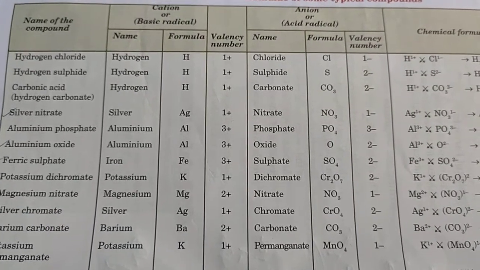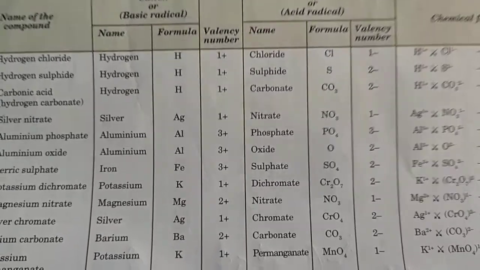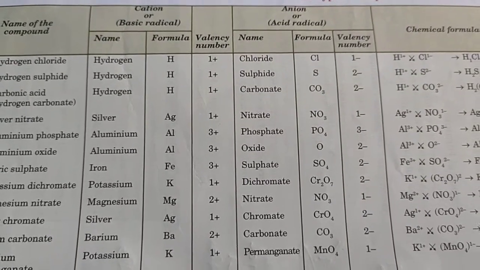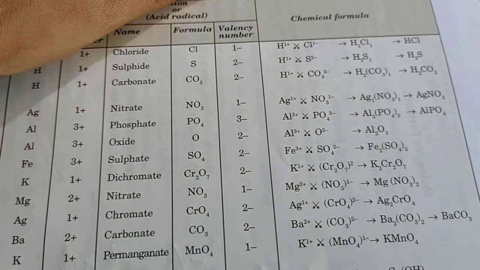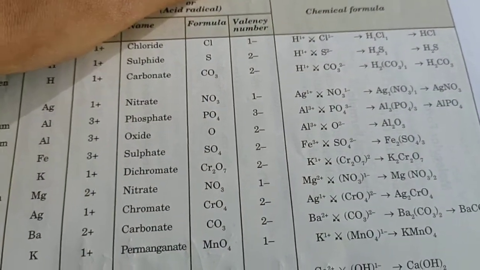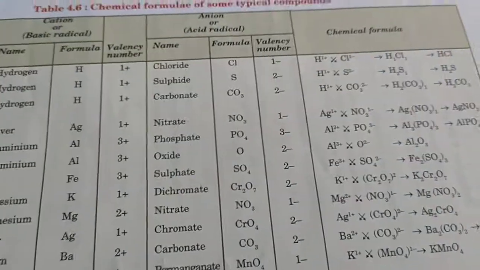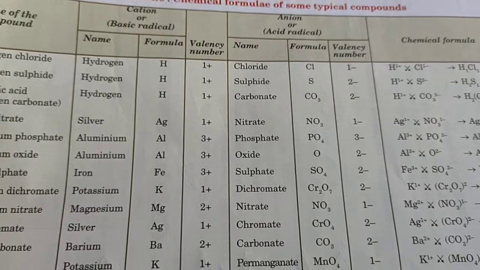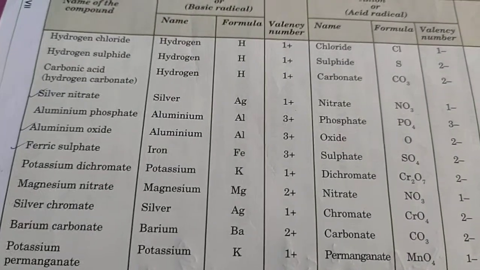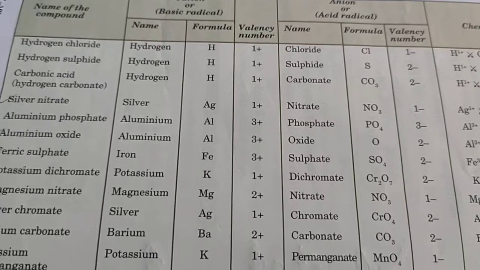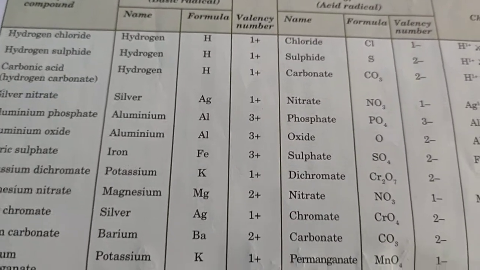What is the formula of magnesium ion? Mg2+. What is the formula of nitrate ion? So NO3 -1. So now you can see here, 2 plus and -1, you crisscross it, you will get Mg(NO3) whole twice. Correct? So like this you can write the chemical formula of the compound if you know the formula of ions and its charge.